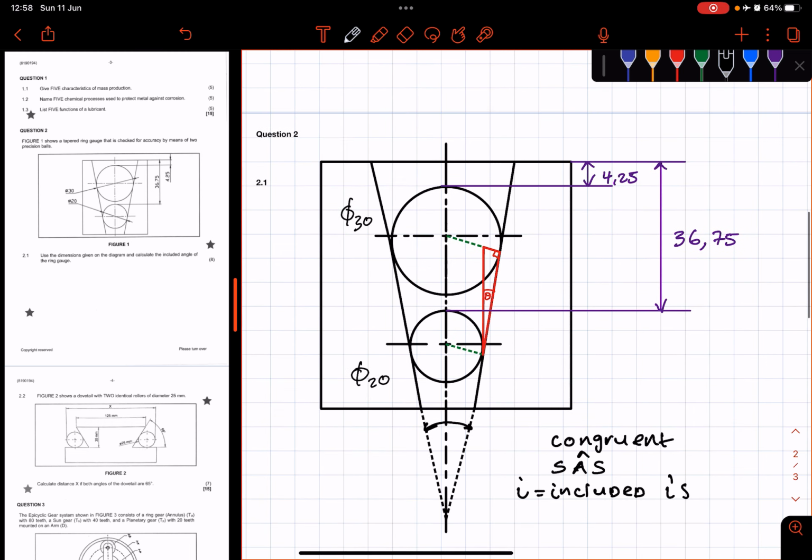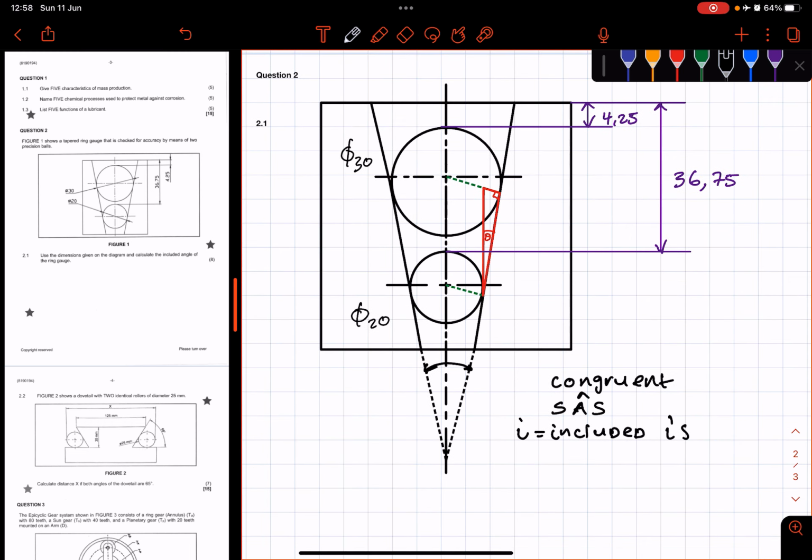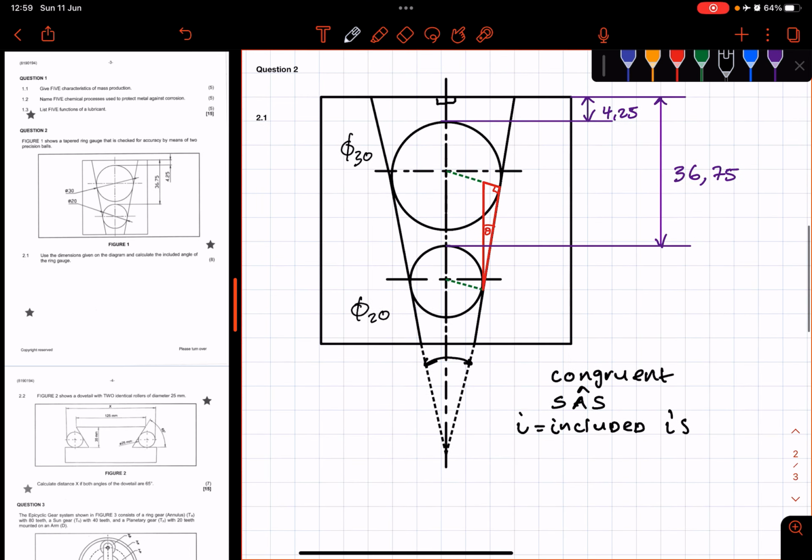Now when having this huge triangle, if we split the huge triangle into 2 right-angled triangles, the 2 right-angled triangles are exactly equal. Meaning the 2 right-angled triangles are also said to be congruent.